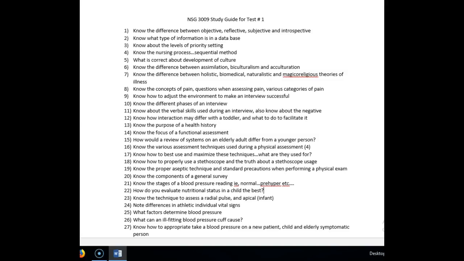Peripheral vascular resistance: basically, do you have anything that's blocking any arteries, or blockages or anything like that? Volume of blood, so how much blood is getting pumped. Viscosity means how thick the blood is. And elasticity of the vessel walls.